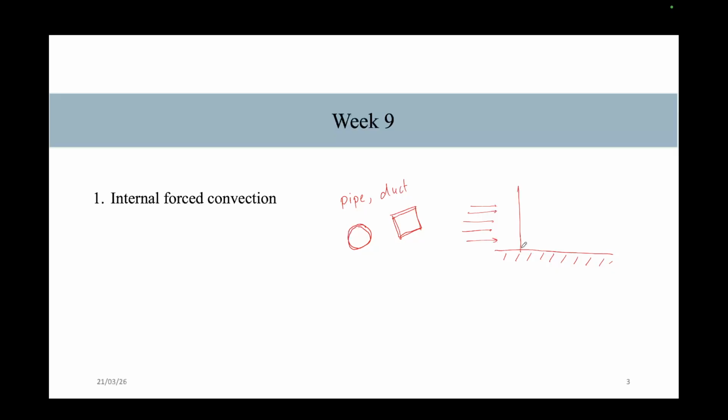If I draw the velocity profile, at this point it is almost zero, and after that the velocity increases. There is a sudden increase in the velocity initially, and after that it almost remains constant. But after a few distances, you will find the change is quite slow.